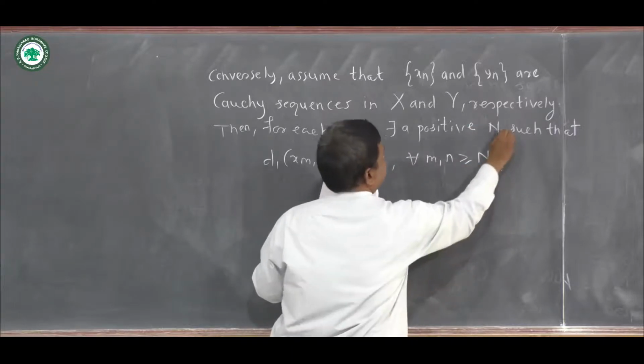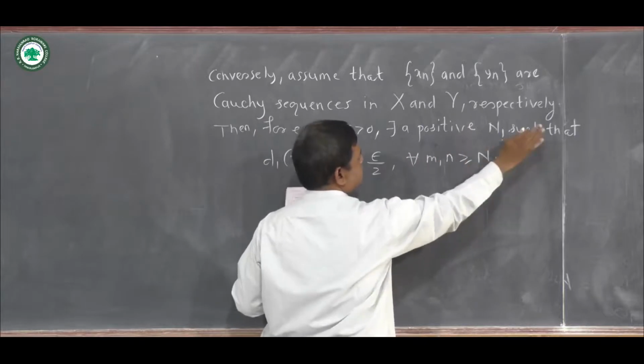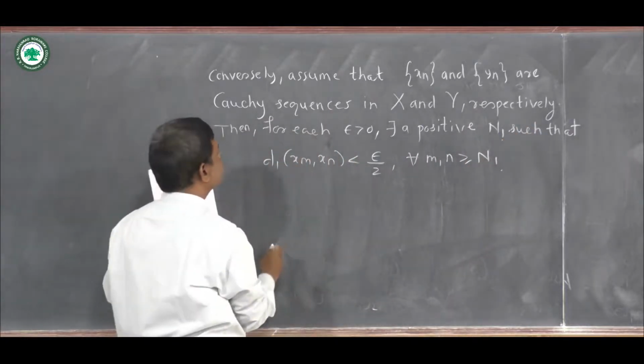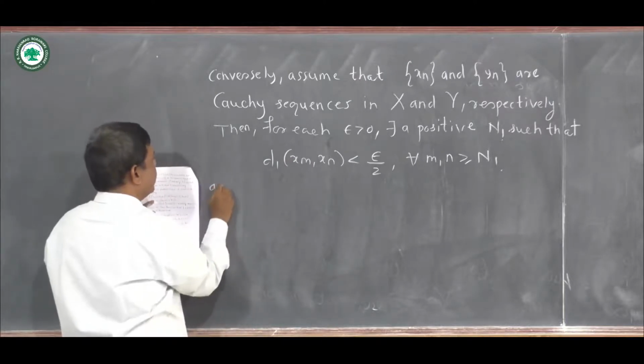So we are taking positive integer N1 such that we have this, because xn is a Cauchy sequence in metric space X here.